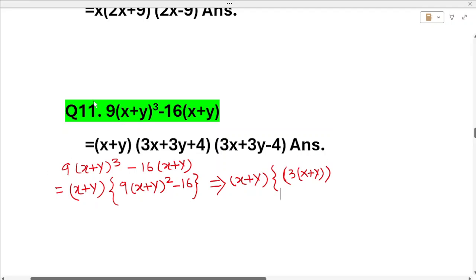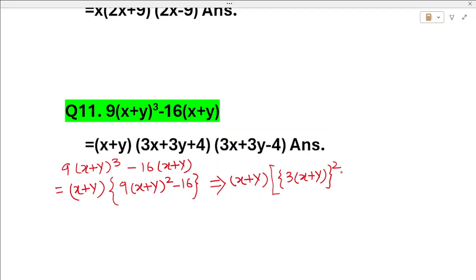Let me put the correct bracket here by erasing and rewriting the term. Now let us do it again. Big box bracket, and inside it is 3 times x plus y, this bracket is closed, squared, minus 4 squared.